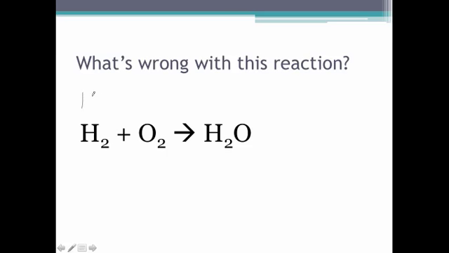So we've got our hydrogen molecule here. It's reacting with our oxygen molecule, which has got two atoms of oxygen, double bonded like this, and we're forming, of course, water.